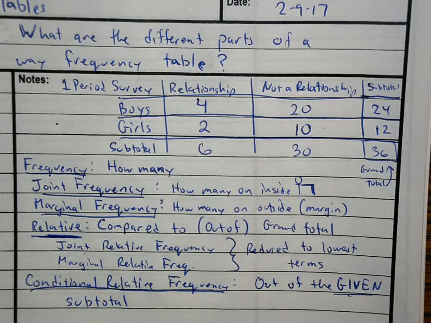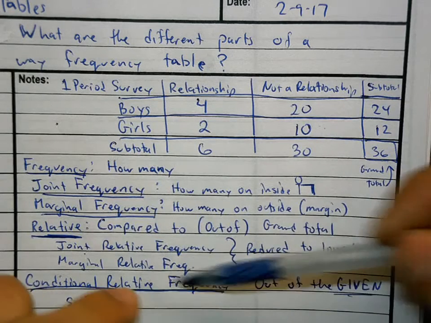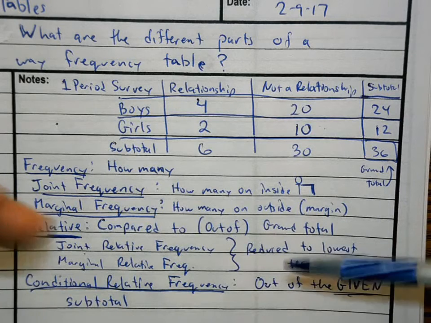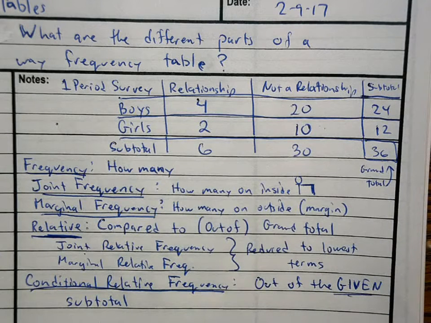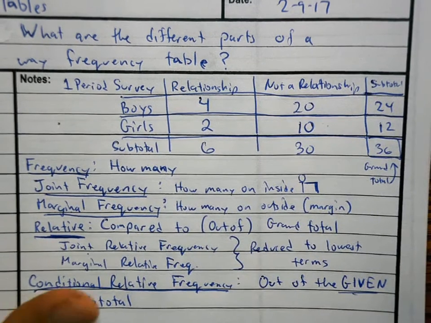What is the conditional relative frequency of girls given that they are in a relationship?